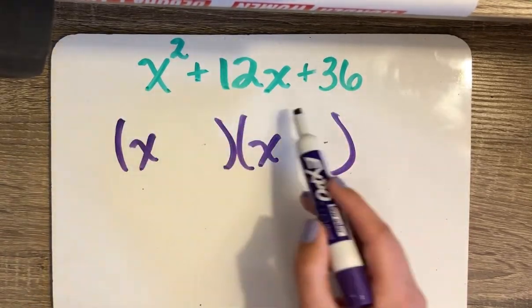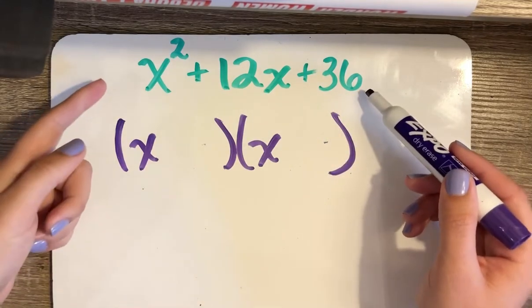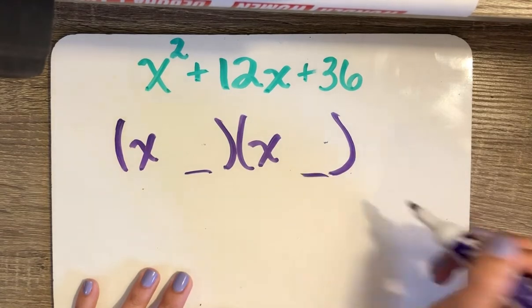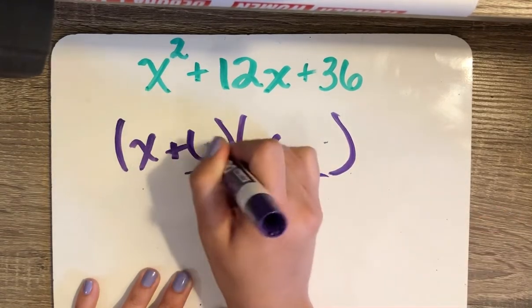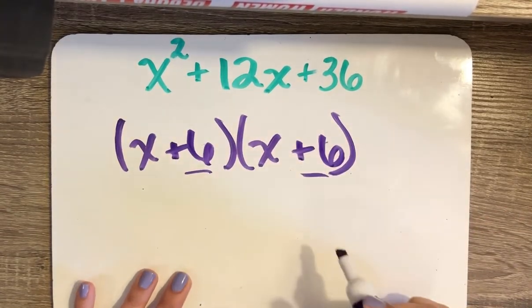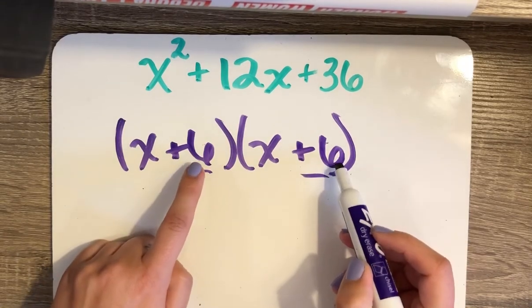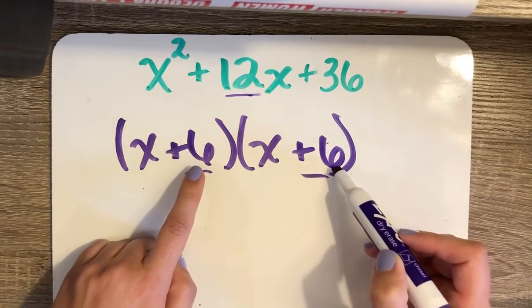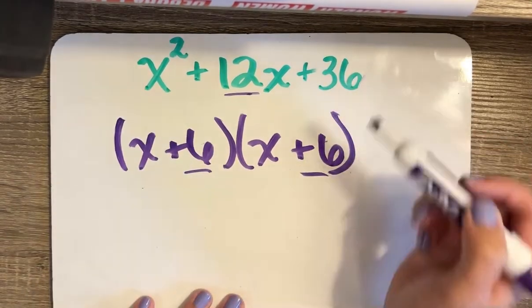Well, this is one of those special cases where we have a perfect square trinomial, which means that these values will be exactly the same. So it's going to be x plus 6 times x plus 6, because 6 plus 6 gives me 12, this middle term in the trinomial, and 6 times 6 gives me 36.